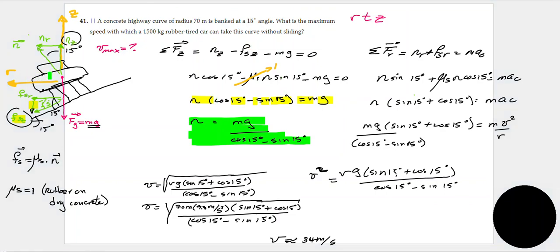So the next thing we're going to do now is to make a sum of forces in the radial direction, along the r-axis. Which are the forces we have in this case?